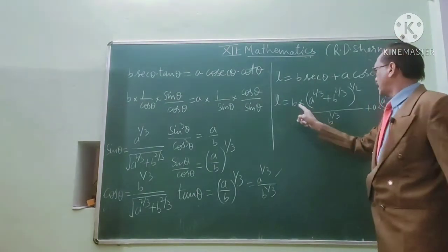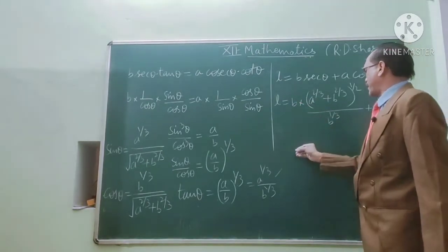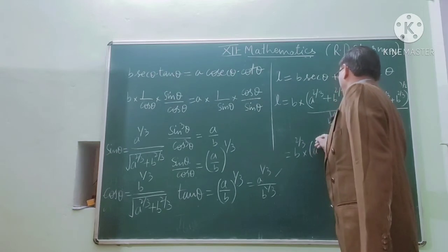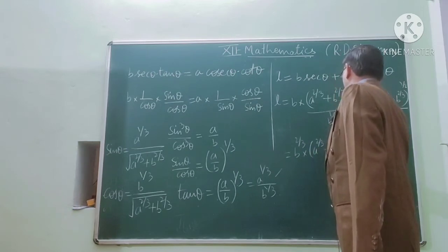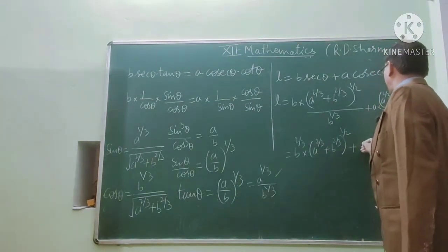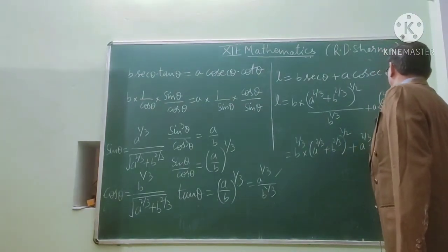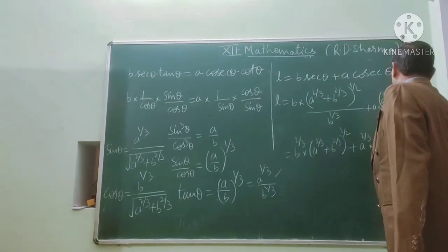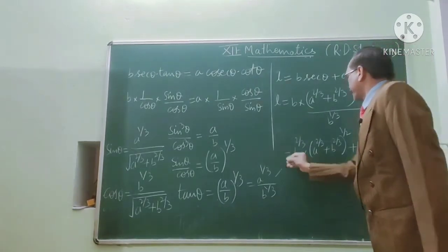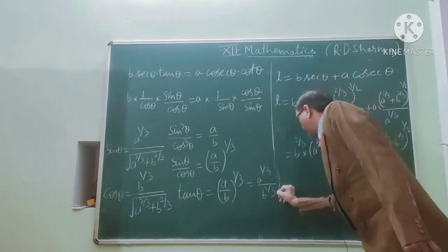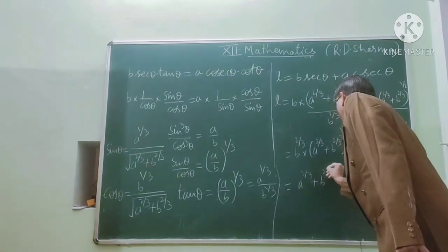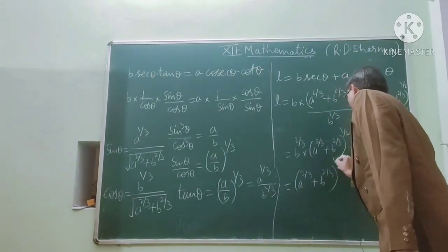Now here this cancels out and we get b^(2/3) into (a^(2/3) + b^(2/3)) whole power 1/2 plus a^(2/3) into (a^(2/3) + b^(2/3)) whole power 1/2. Now (a^(2/3) + b^(2/3)) whole power 1/2 is common.